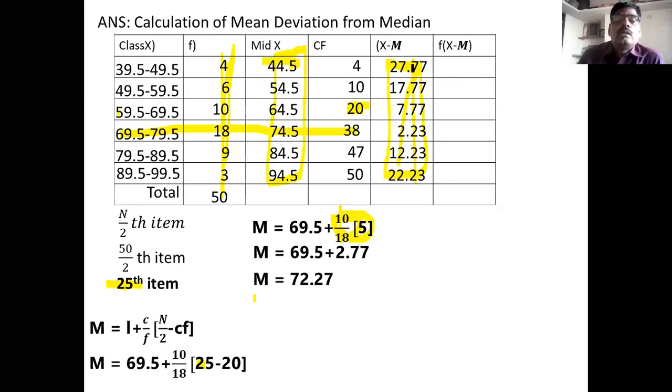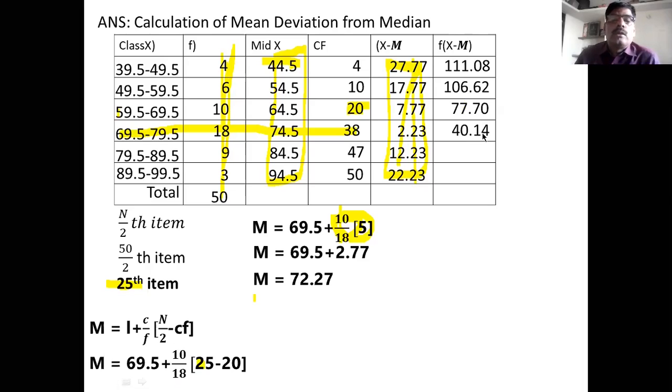4 into 27.77 first, 6 into 17.77. Like that, you multiply and ascertain the values. This is 4 into 27.77, 111.08. Second is 106.62. Third value 77.70.